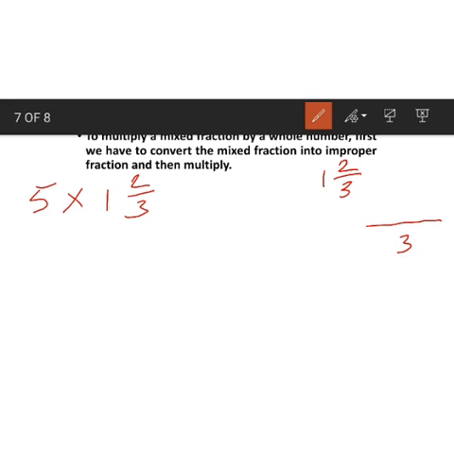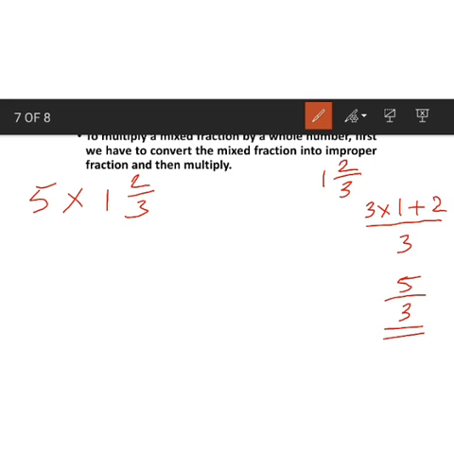We should multiply the denominator into the whole number and add it with the numerator. So the denominator is 3. 3 into the whole number part, which is 1. That should be added to the numerator, which is 2. 3 into 1 is 3 plus 2 is 5. So our answer is 5 by 3.